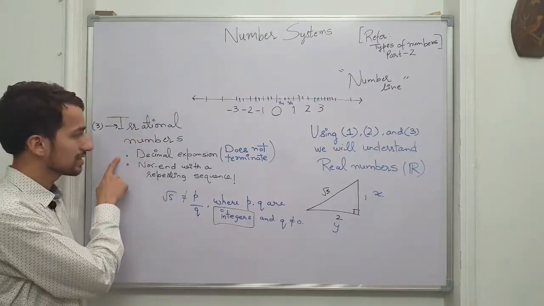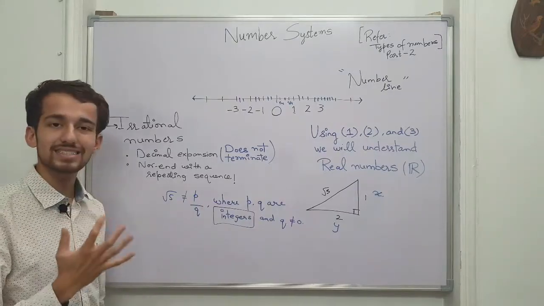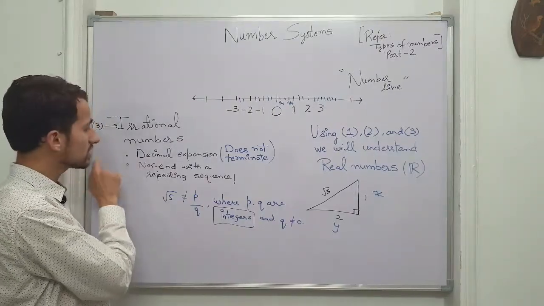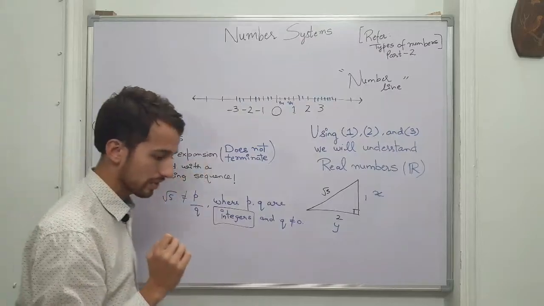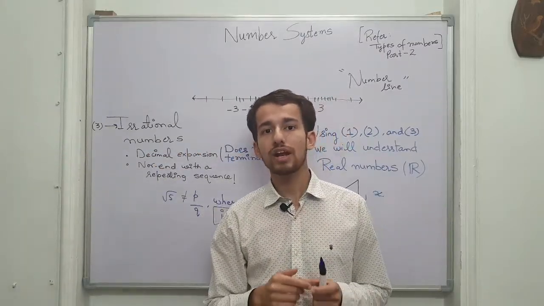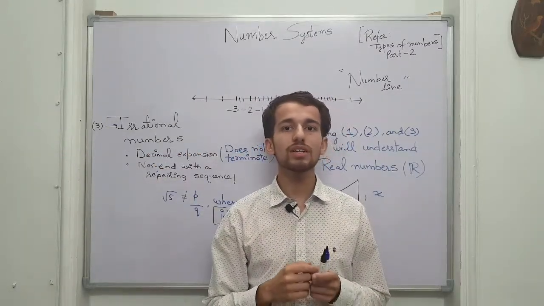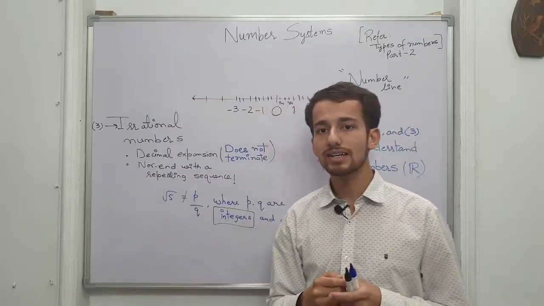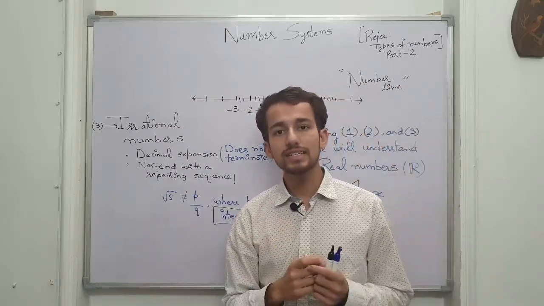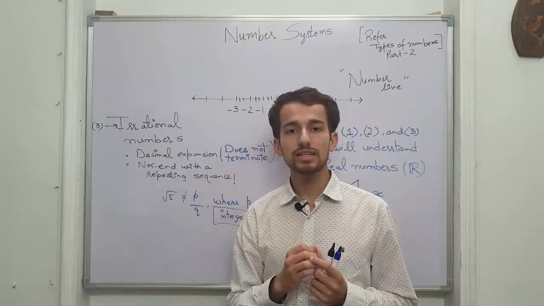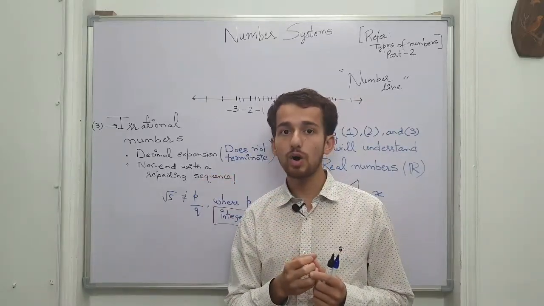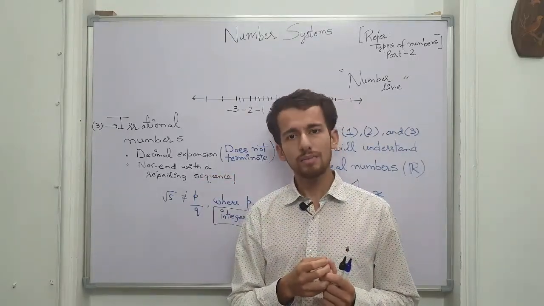The first is the main characteristic of an irrational number, the decimal expansion. If we recall, rational numbers also have decimal expansions, but they terminate after a finite number of digits, or if they don't terminate, they repeat.